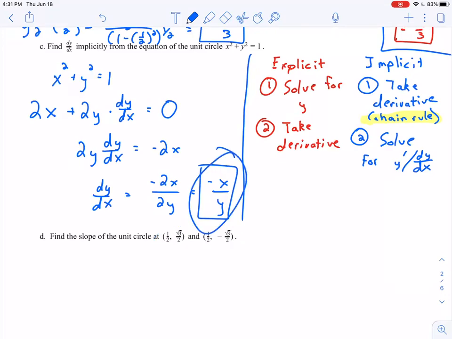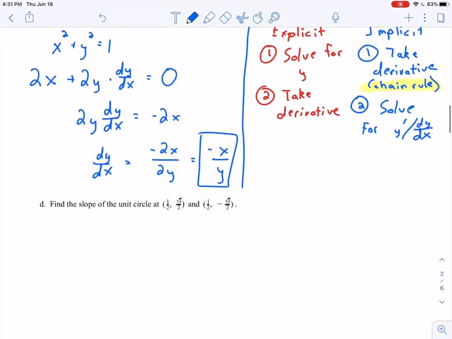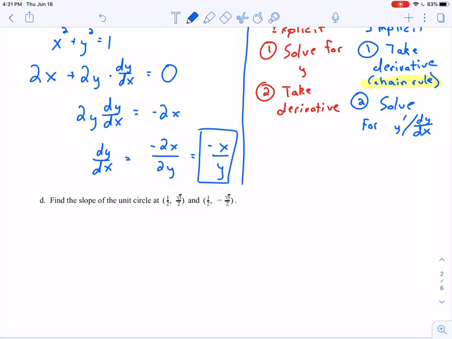This is actually just a relation between x and y. So it doesn't actually matter whether it's on the top half or the bottom half, because I have y in my equation. That's going to take care of that problem for me. So if I rewrite the derivative just so that we have it in front of us, dy/dx equals negative x over y, I'm just going to take 1/2 comma square root of 3 over 2.